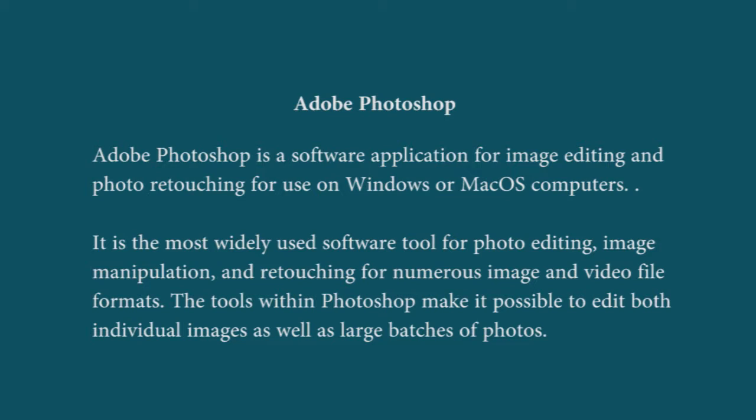All these things you can do together. You need not select each and every photograph. You can do it in a batch. So that is working with batches. It allows individual image editing as well as batches of photos. So this is about Photoshop. We will learn in detail later about Photoshop with the various tools and other techniques.